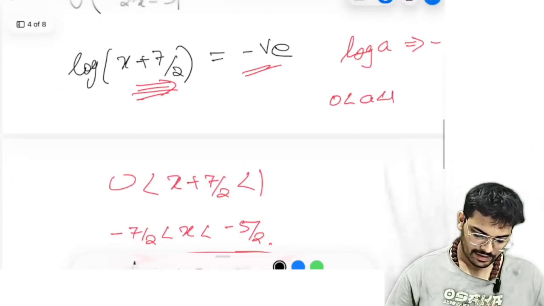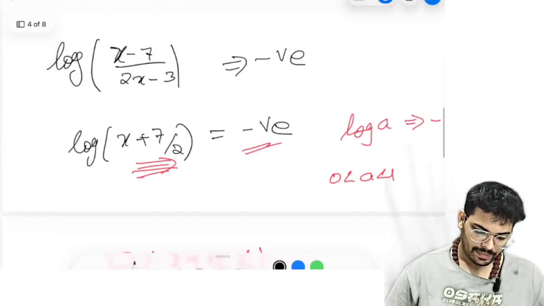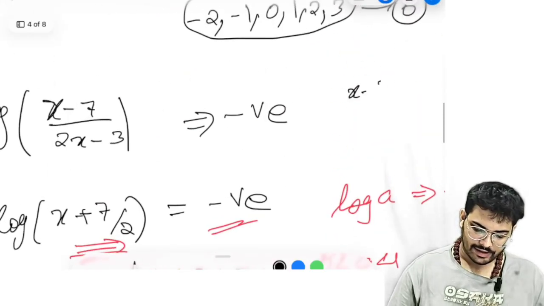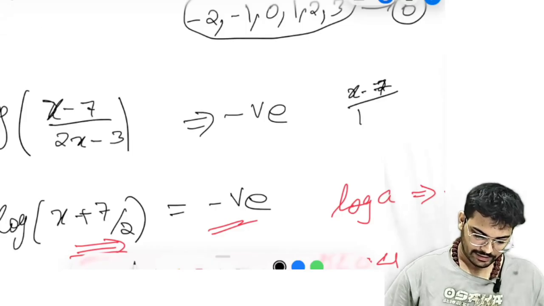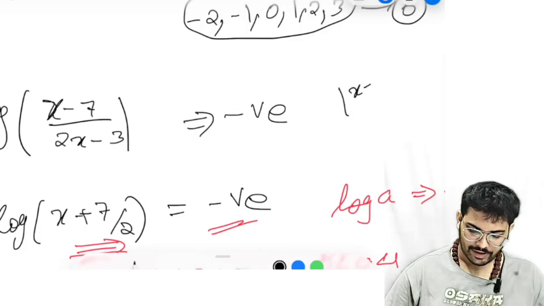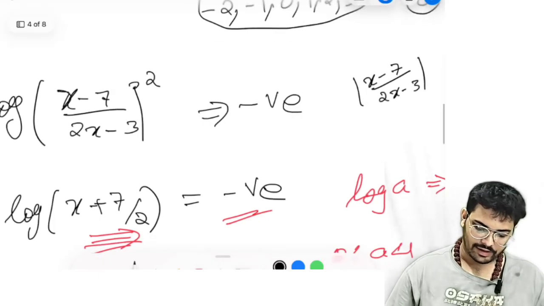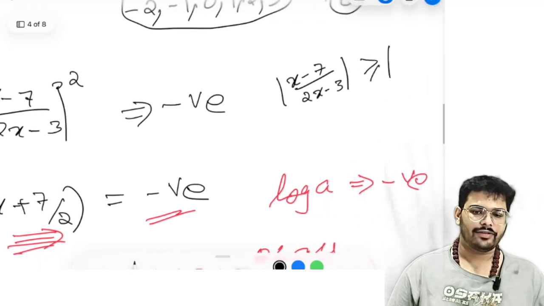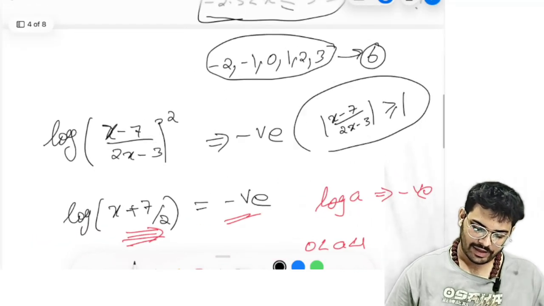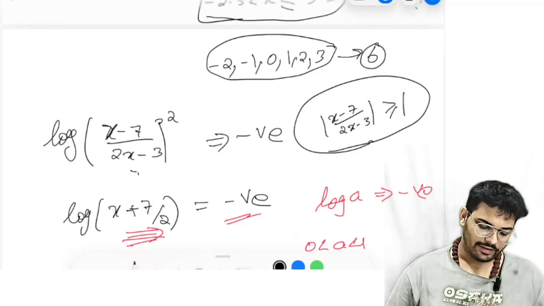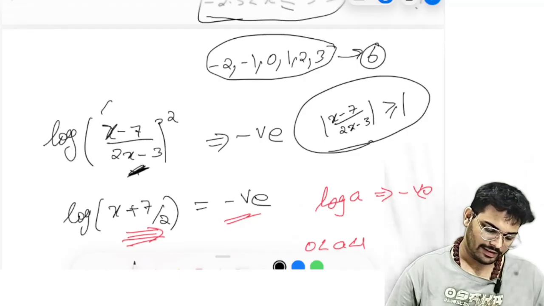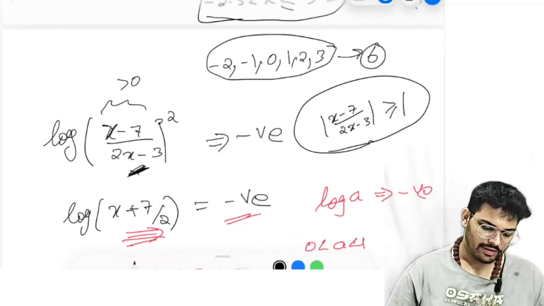That is mod of x minus 7 divided by 2x minus 3. Already the numerator had a square over here. This value is greater than 1. Now the square of this value will be greater than or equal to 1. Therefore the value inside this is greater than or equal to 1.